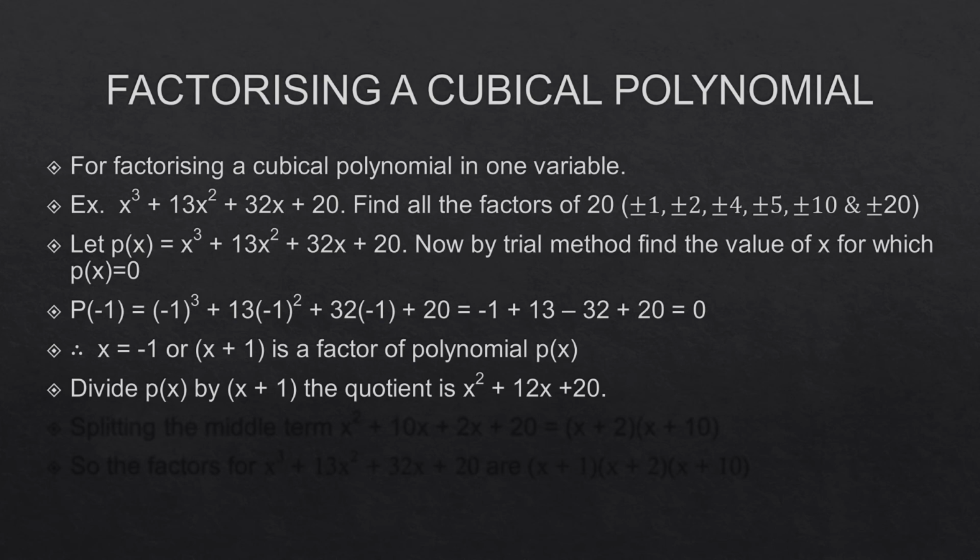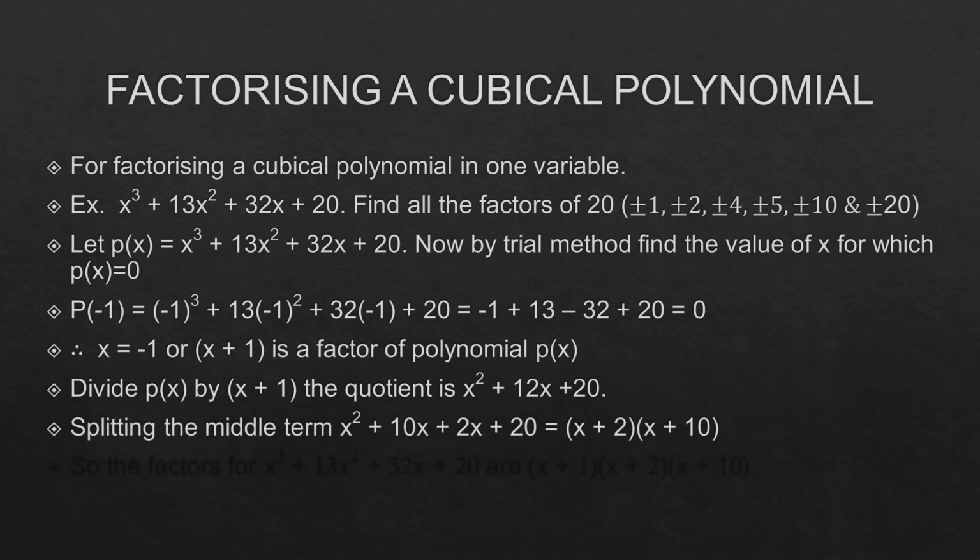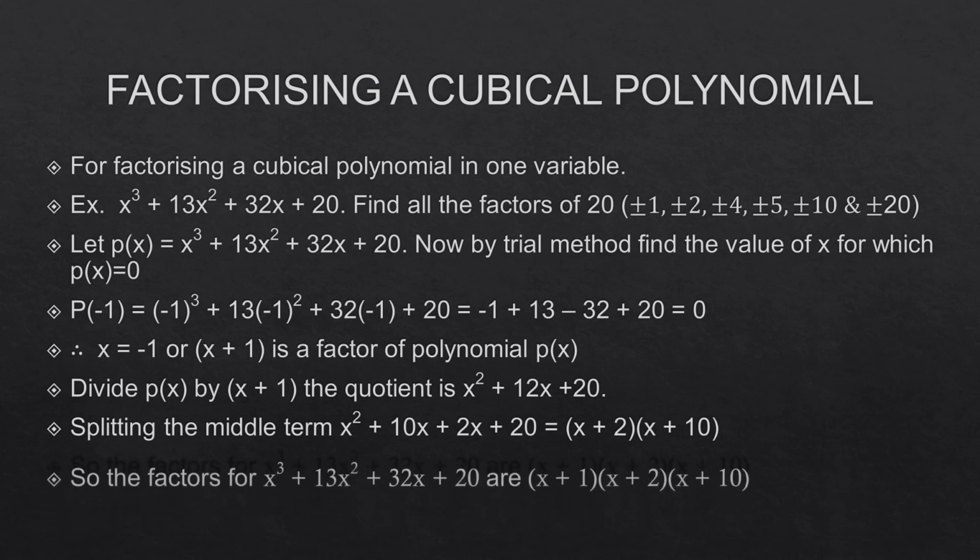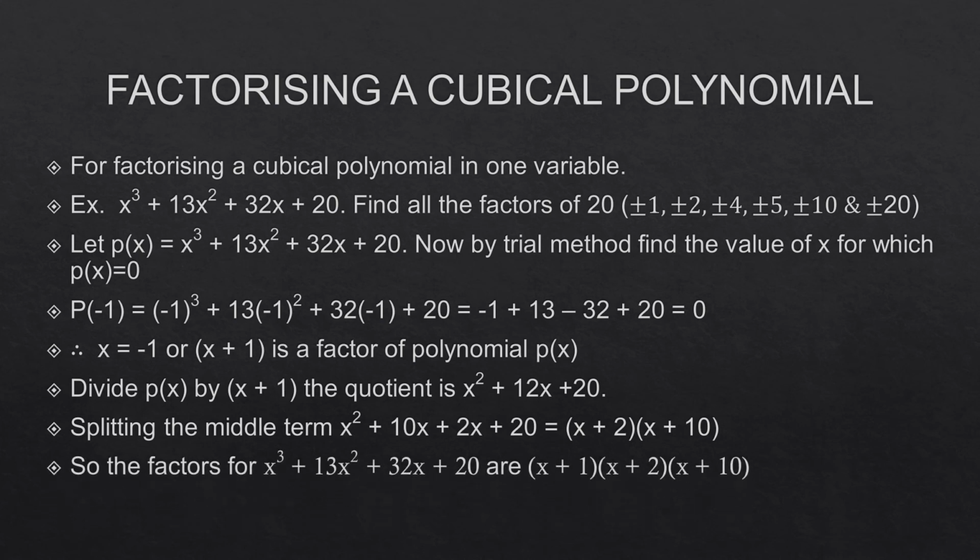On dividing, the remainder is 0 because it's a factor, and the quotient is x square plus 12x plus 20. Again, this is a quadratic, and by splitting the middle term into 10x plus 2x, we finally get the factors of x cube plus 13x square plus 32x plus 20 as x plus 1, x plus 2, and x plus 10.